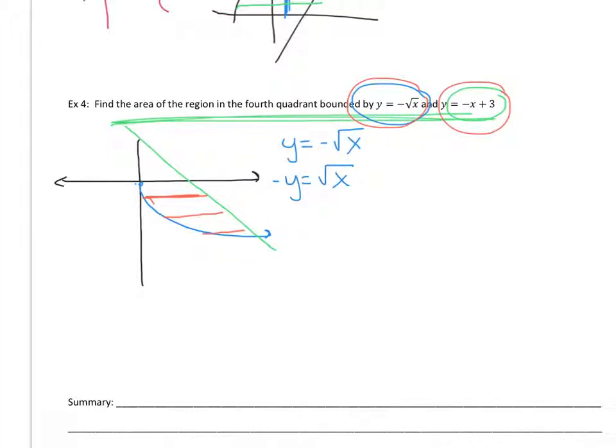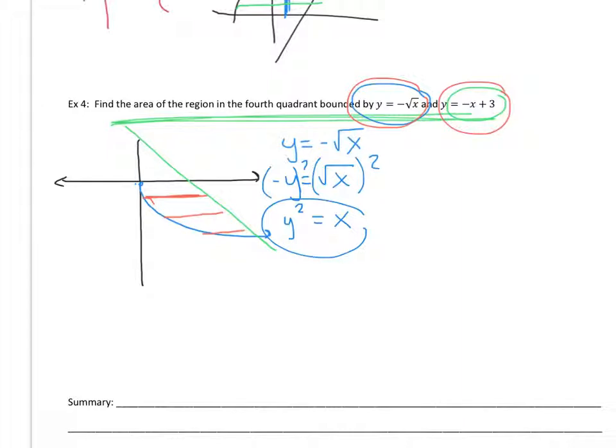Okay, now you need to get rid of the square root. So you need to square both sides, okay? So you're going to end up with y squared is equal to x, okay? You don't need to worry about the negative because negative y times negative y is positive y squared, okay? So we're going to use this equation for our blue curve.